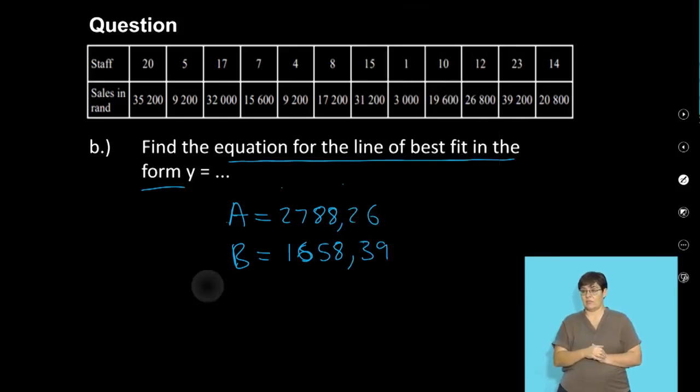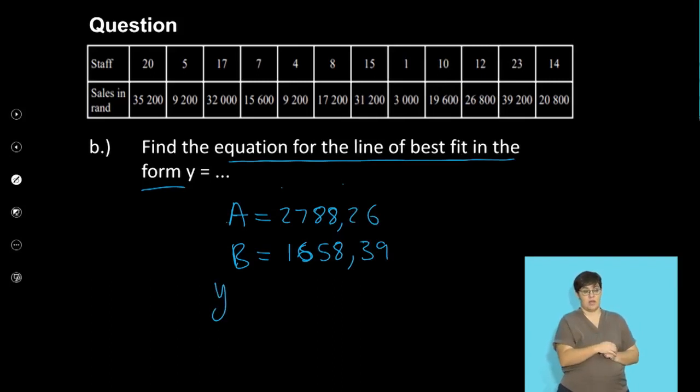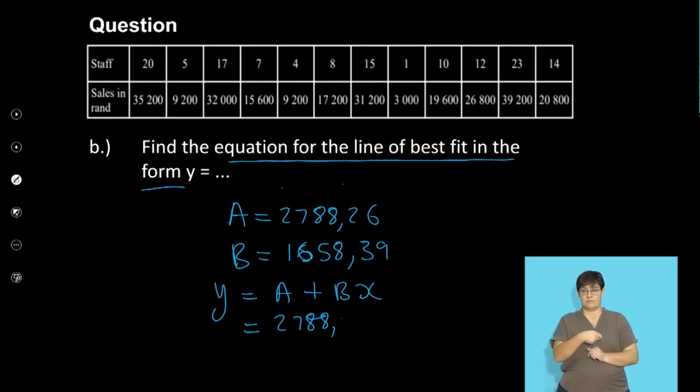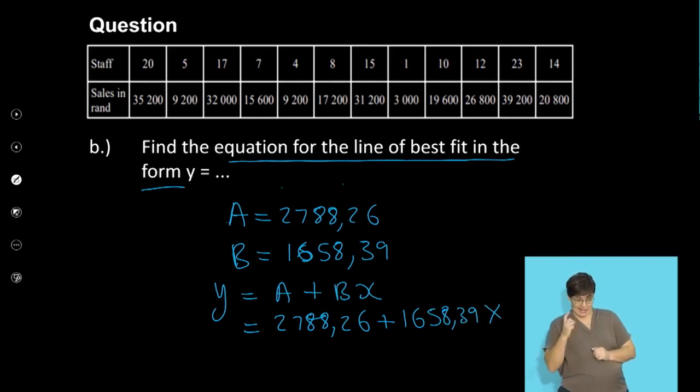So we know that Y is A plus BX, and we already have our A and B. What is our A? 2788.26 plus B, which is 165.839x. So that's our regression. We did find the equation of the regression.